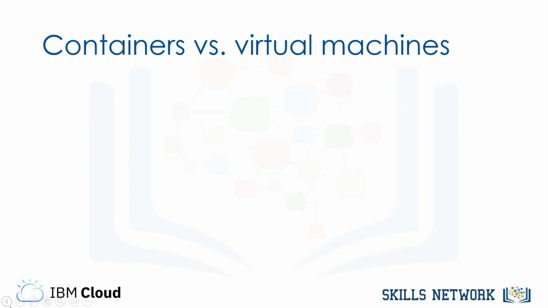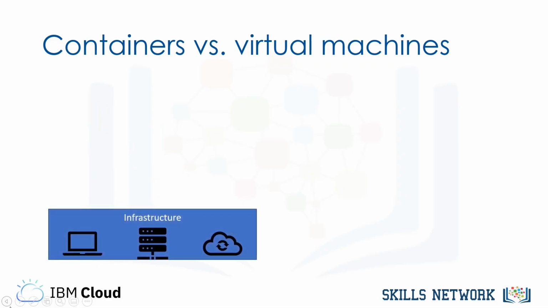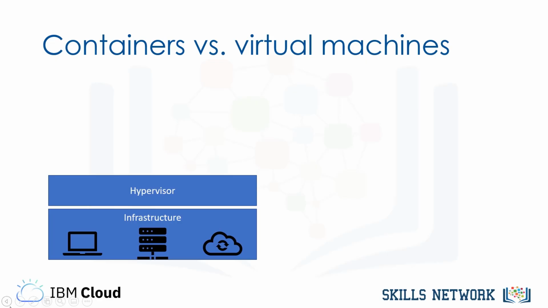Virtual machines provide a useful comparison with containers and help us understand the appeal of containerization. With virtual machines, a hypervisor runs on top of your infrastructure. This hypervisor is responsible for creating virtual machines. It treats resources such as CPU and memory as a pool that can be utilized by the various virtual machines running on the hardware.